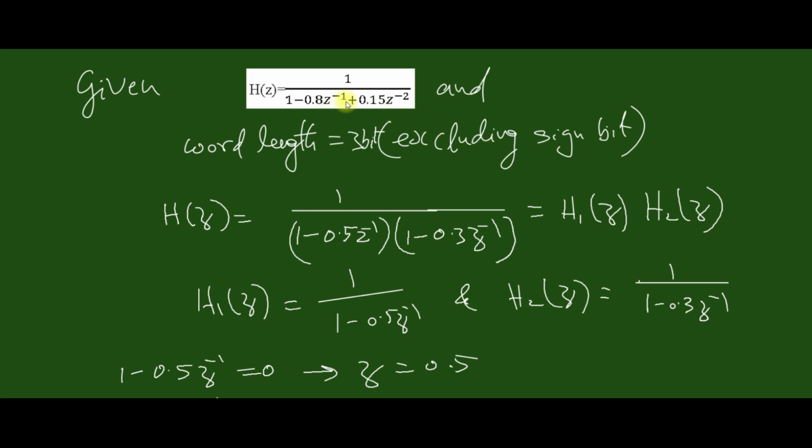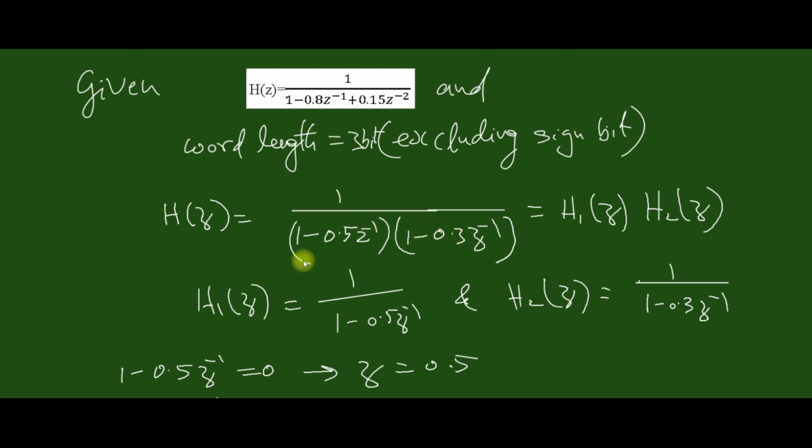The first step is the determination of the cascade structure for this system function, which can be easily done by factorizing the denominator. The factors we can easily get using a calculator, so that you will get 0.5 and 0.3.